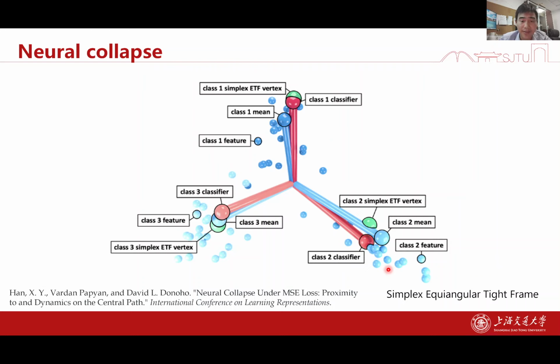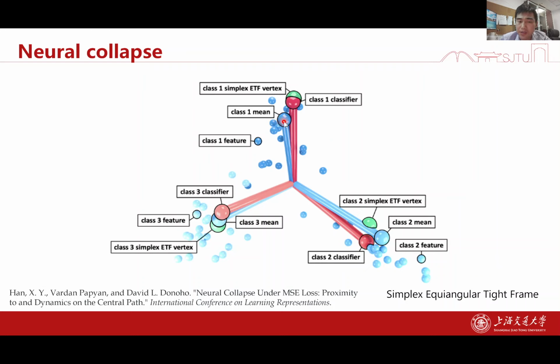The interesting thing is the feature of the last hidden layer, the output feature: if the images belong to the same class, the features will be condensed or collapsed to almost the same one point.